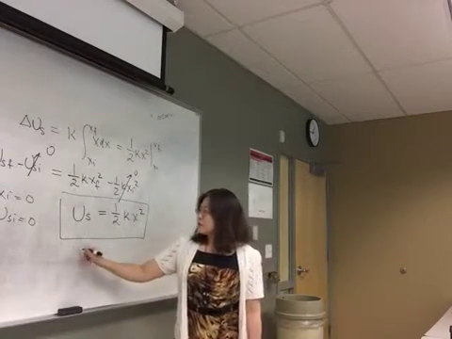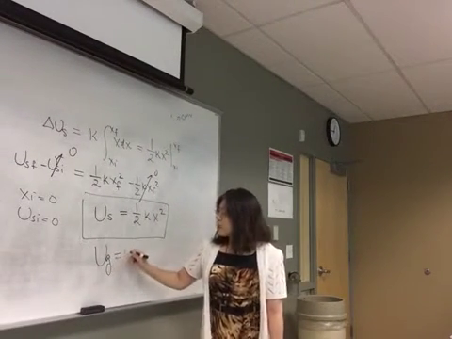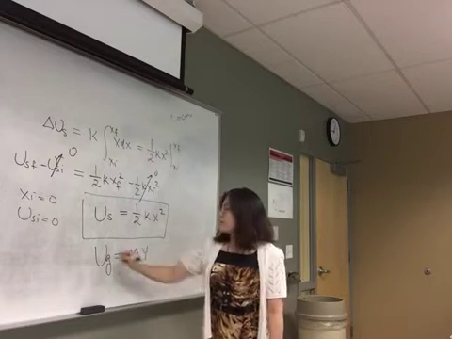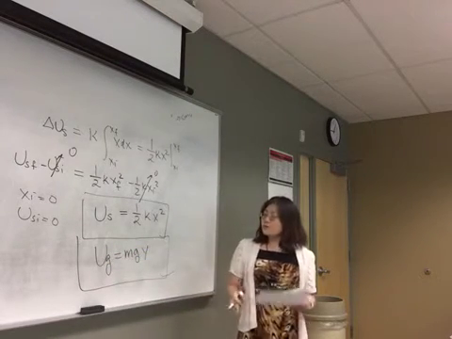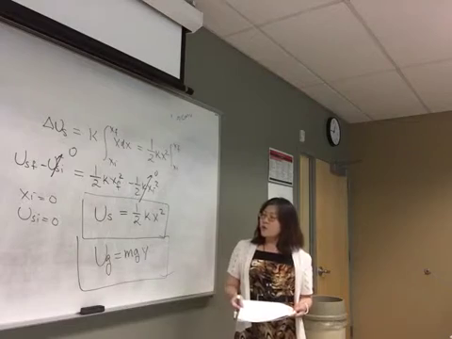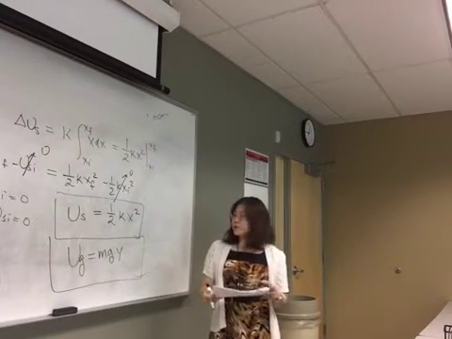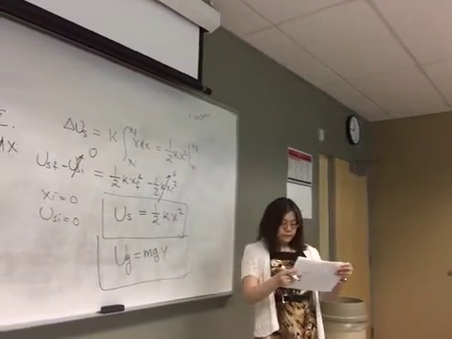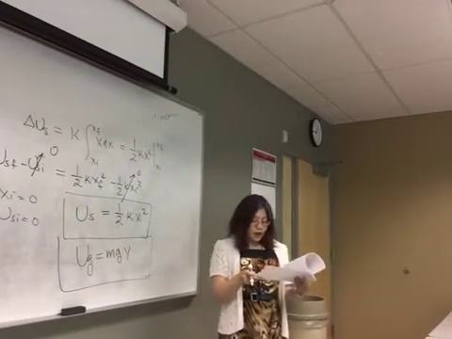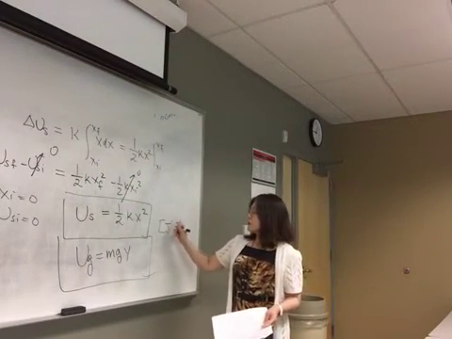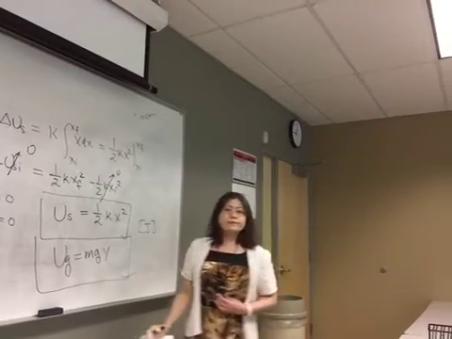Let me just write it down. You have this expression for gravitational potential energy, U_g = mgy, and you have that expression for the spring potential energy. Yes, because they are both in units of energy, which is joules.